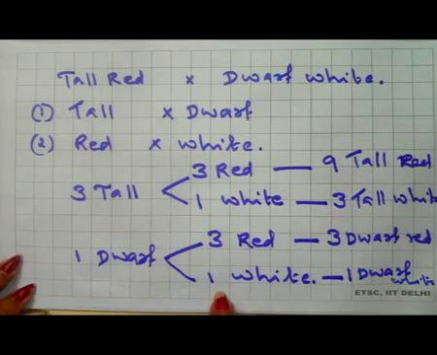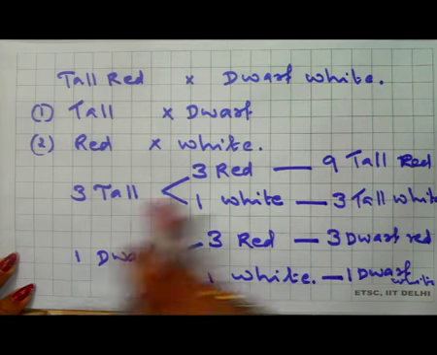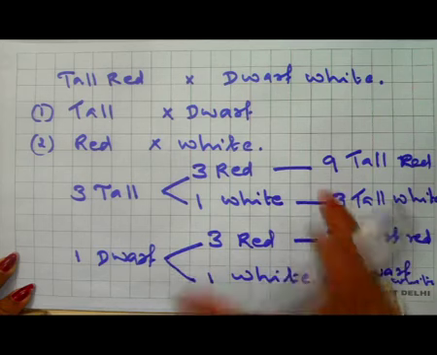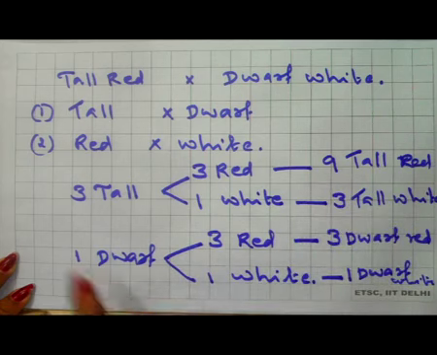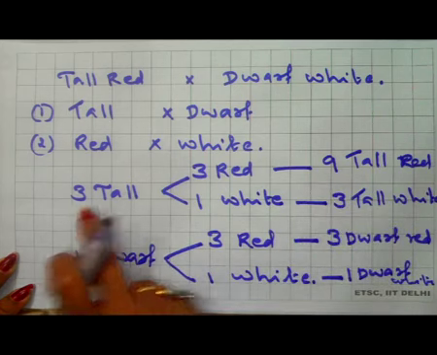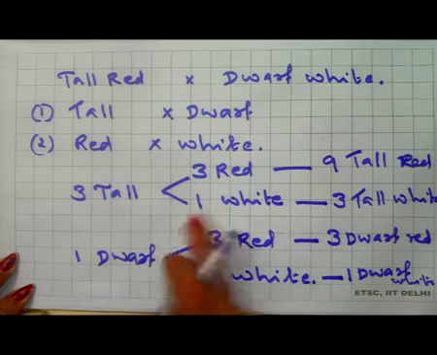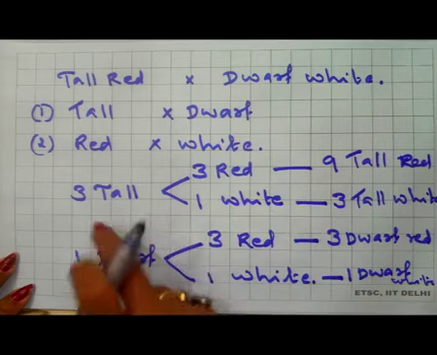So, this is the way you can summarize. So, 9:3:3:1, the F2 phenotypic ratio, is the product of the phenotypic ratio of two monohybrid crosses, 3:1 into 3:1.